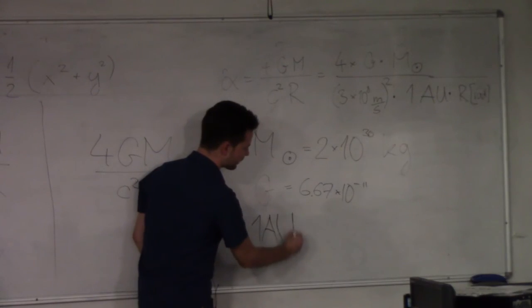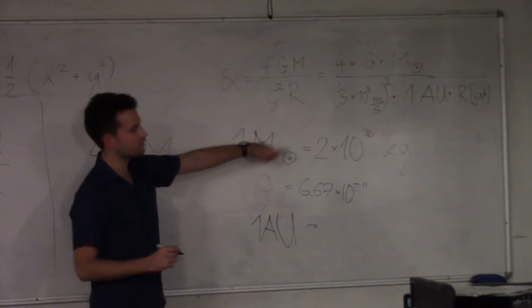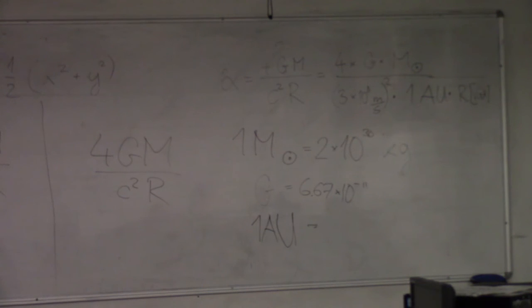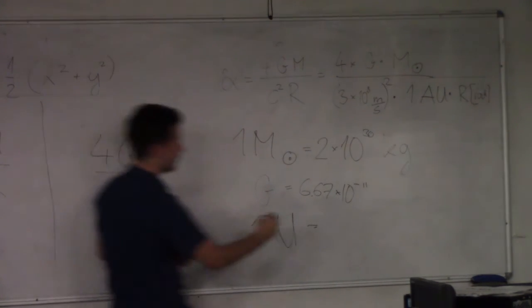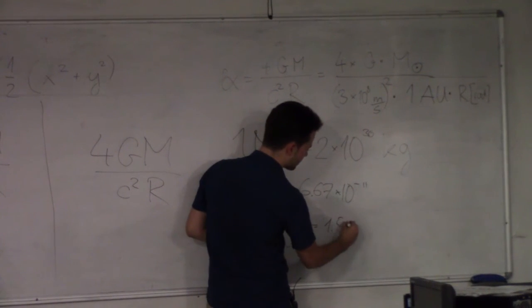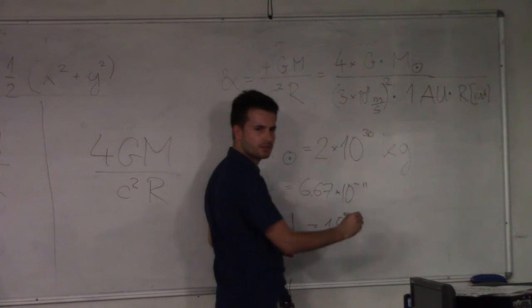So I'll just highlight the relevant units here. The mass of the sun is 2 times 10 to the 30. There's the gravitational constant in meters, kilograms, seconds, and 1 AU should be 1.5 times 10 to the 11 meters.